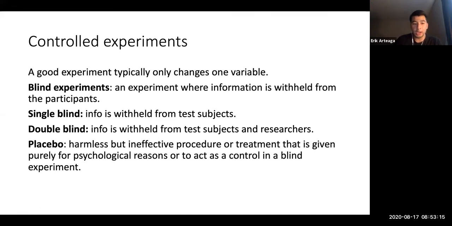Okay. So I know I referenced a placebo earlier. A placebo is a harmless but ineffective procedure or treatment that is given purely for psychological reasons or to act as a control in a blind experiment. The best example I can give you is a vaccine trial where there's a true vaccine, which has the antigen, or you have something like salt water that's being injected into the individuals.